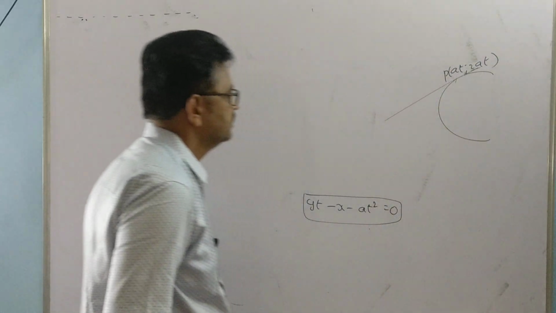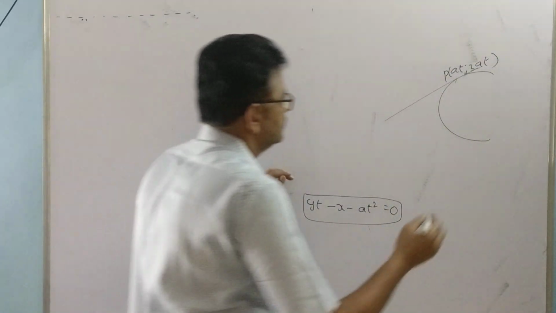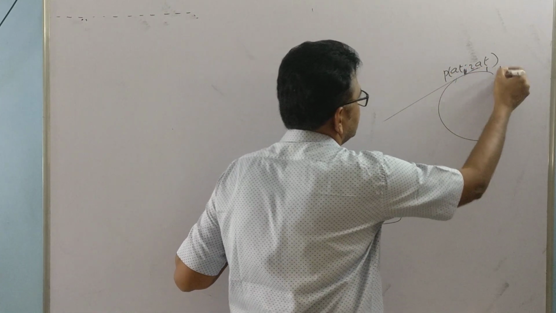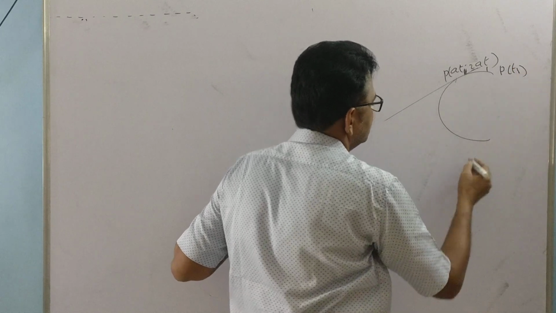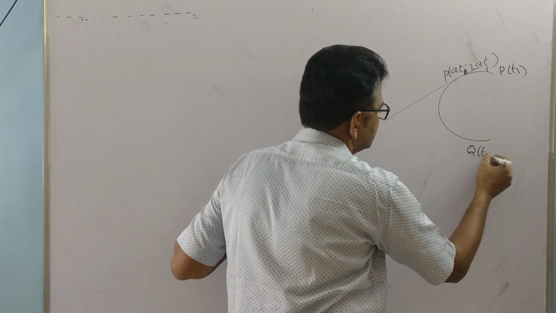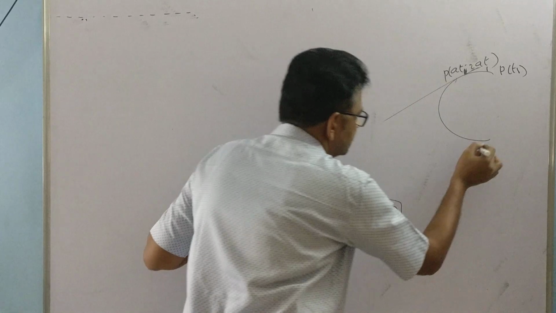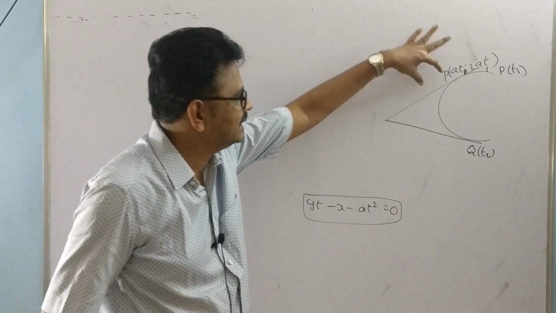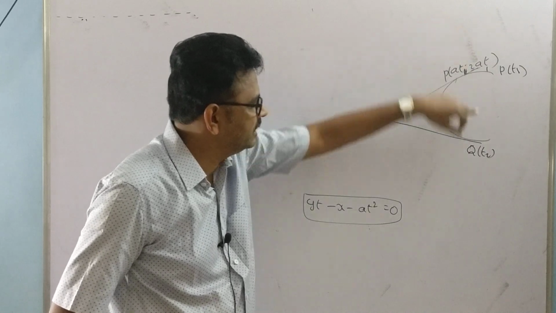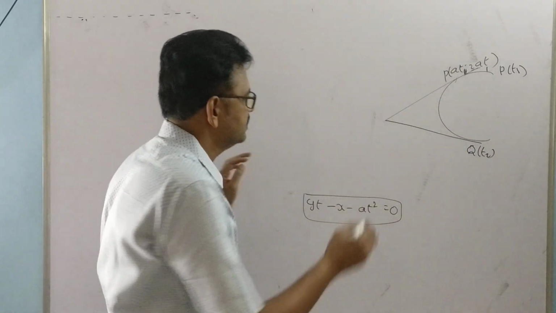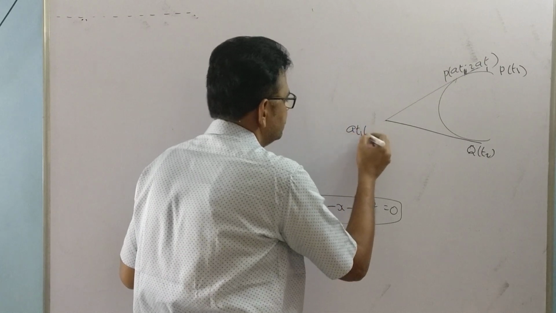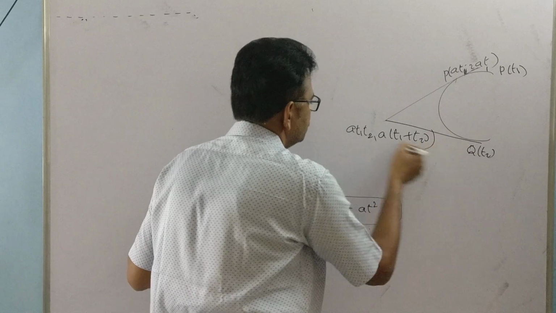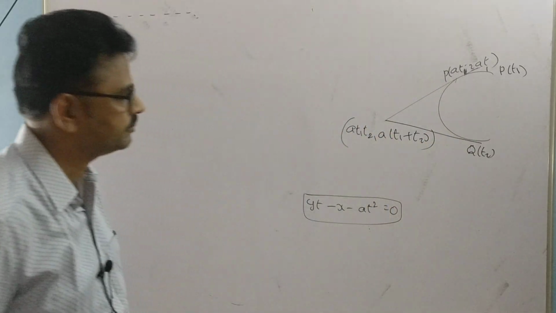Next point. See here, this is the point P, t1, and let the other point be Q, t2. Now this is another tangent.